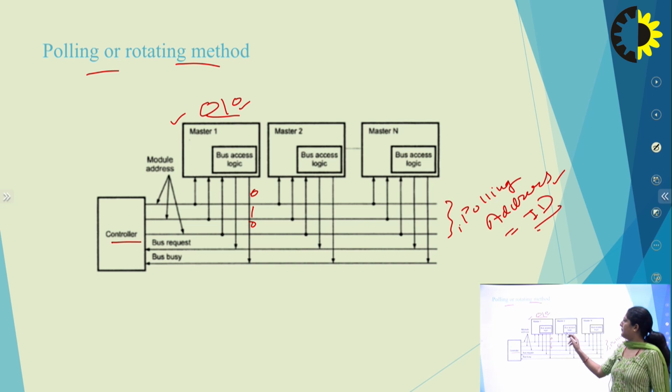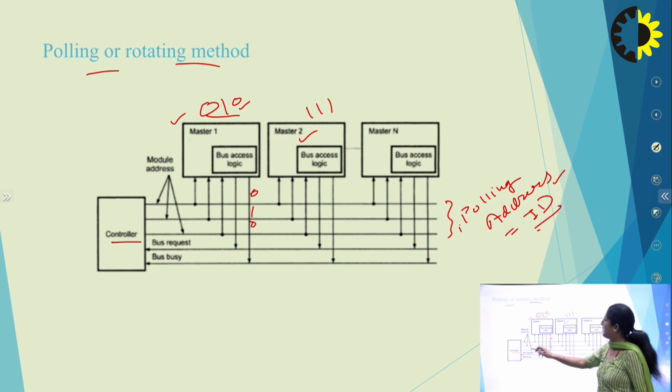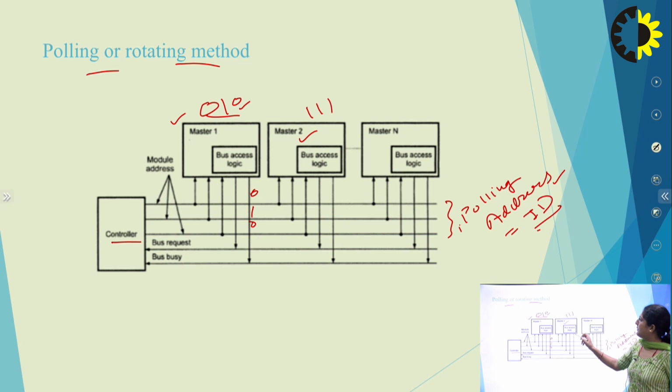Similarly, if master device 2 is 111 and the controller calls for the 111 address, then device 2 will become the master.